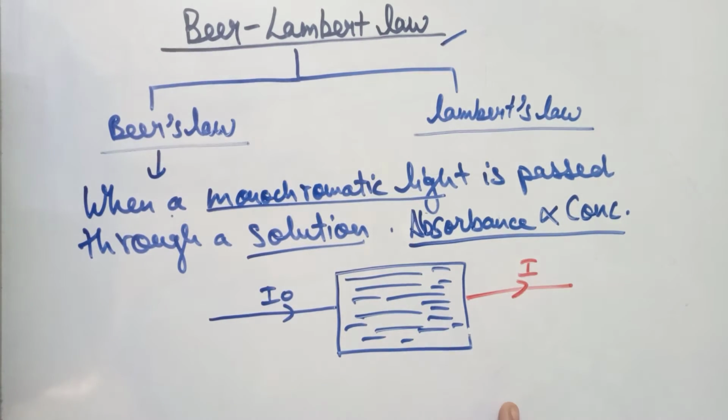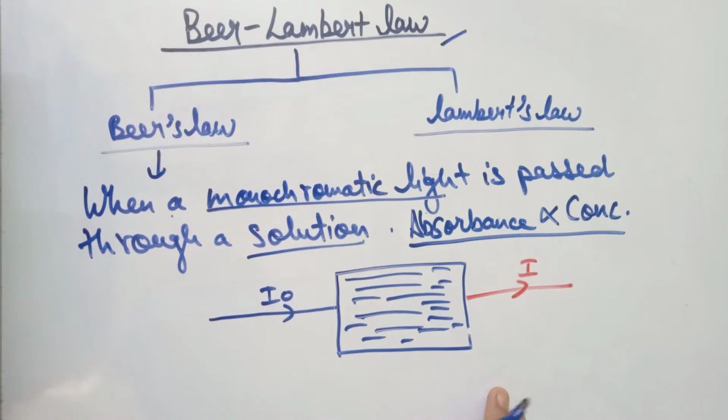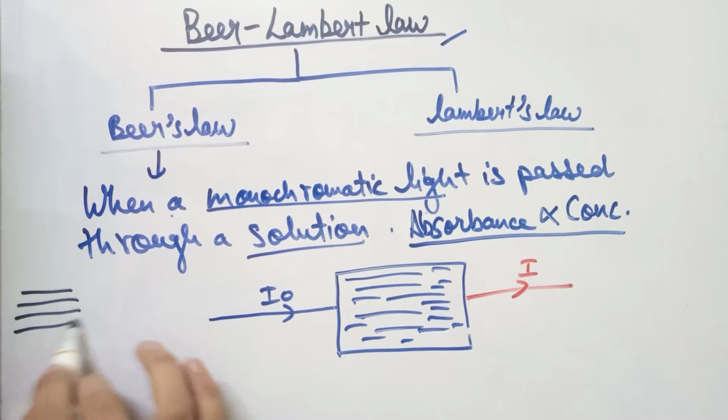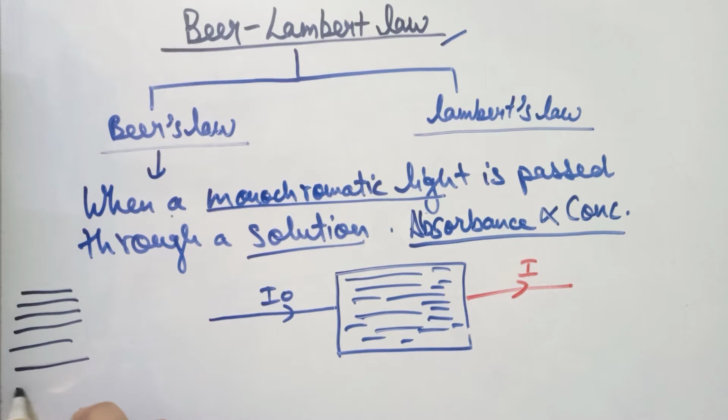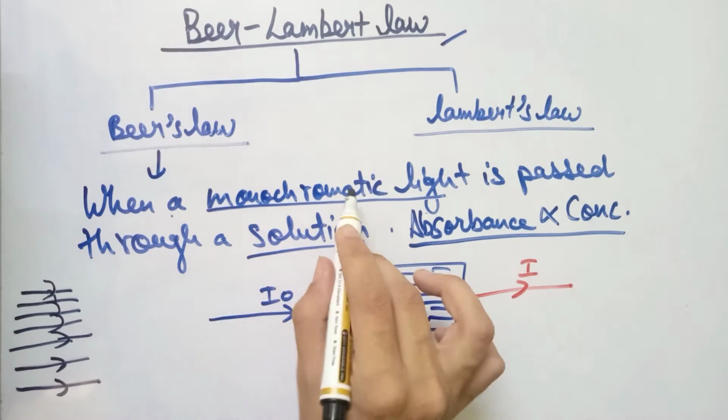of the absorbance. To understand Beer's law more clearly, we can see the instrumentation part. Here I have drawn the instrumentation. For example, different wavelength incident light is coming from this side, and now we have to take the monochromatic light.